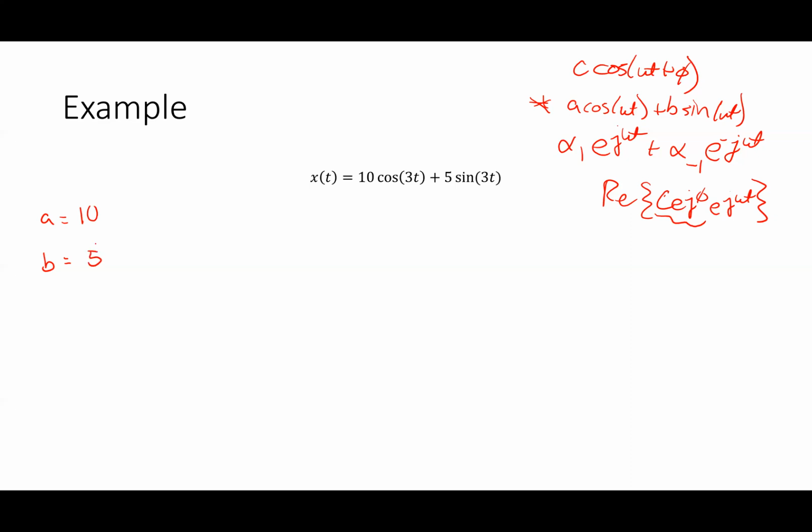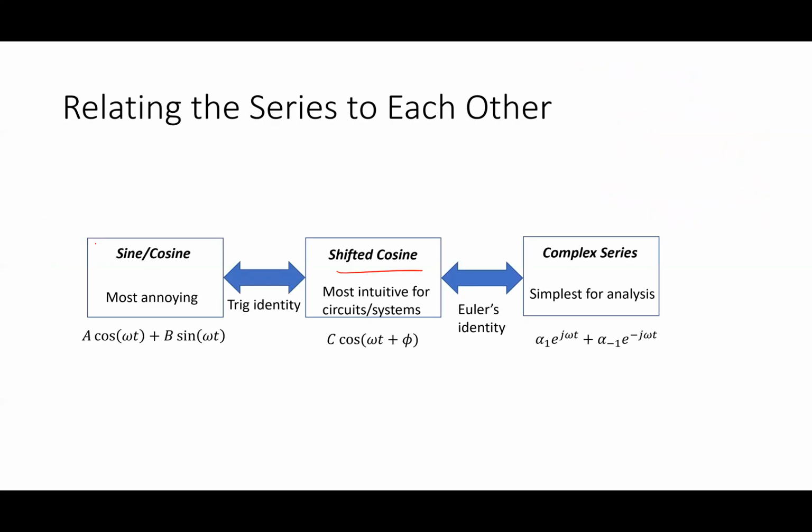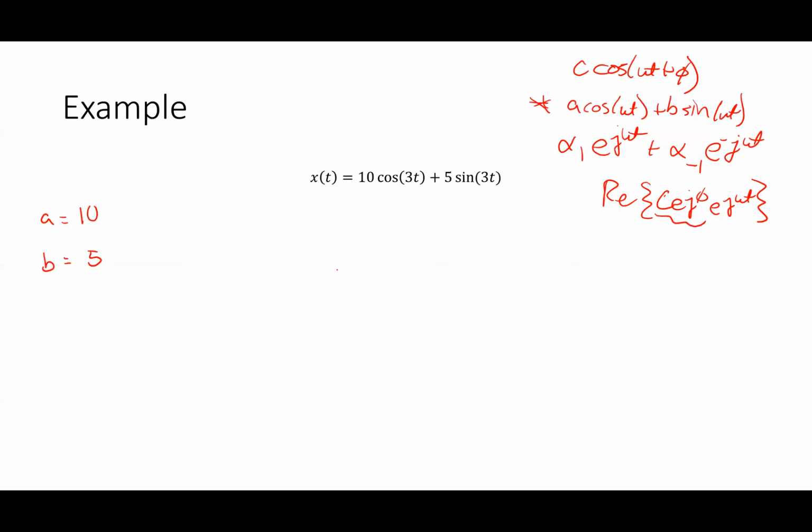Okay. So I can see right off the bat what that form is, if I already have that form. So that's the easiest one for me to go to next. The way I look at this is, okay, I've got this sine cosine. Well, there's a set of formulas through the trig identities that let me move to the shifted cosine. So let's do the shifted cosine next. We've got the sine cosine, that's done.